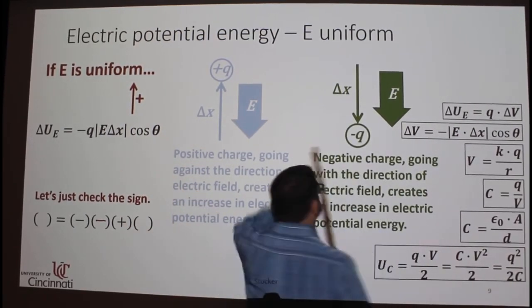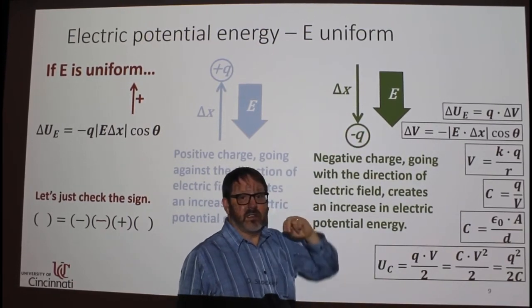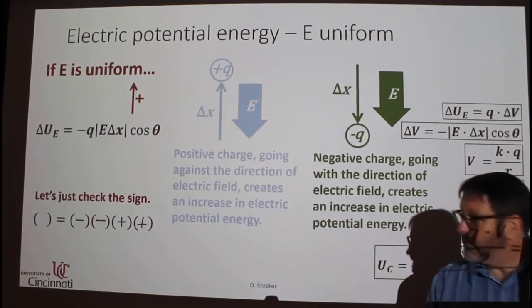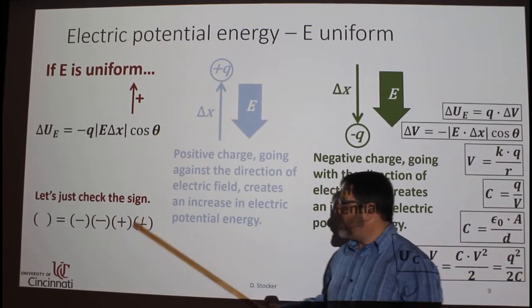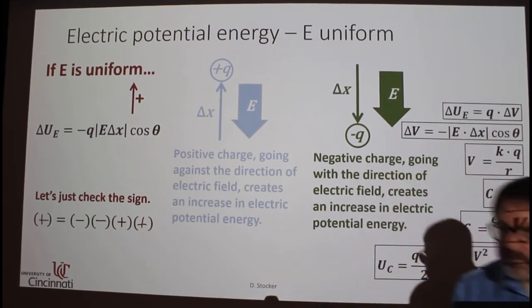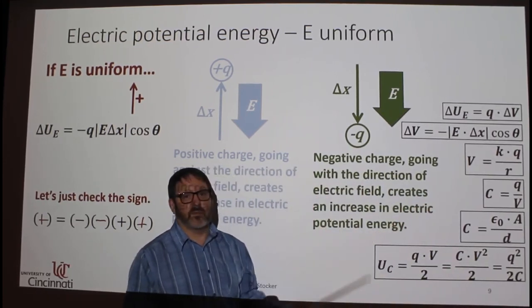Cosine theta. These two are both pointed the same direction, so theta is 0. Cosine of theta is positive. Negative, negative, positive, positive. Multiply those together. You get positive. There's an increase in the electric potential energy.